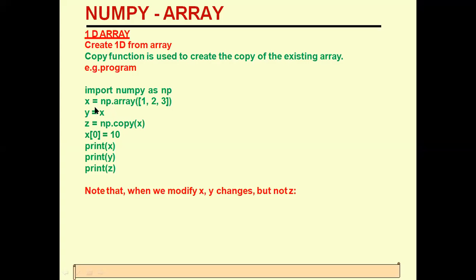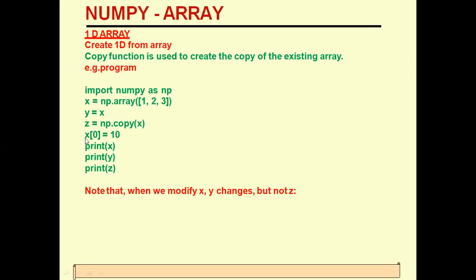y equal x. Now the elements x has will be assigned to y. Here z is another variable equal np dot copy. Now from x I am copying the elements to z. I am copying these elements to z, so the copy function you can also use to copy the elements from an array.